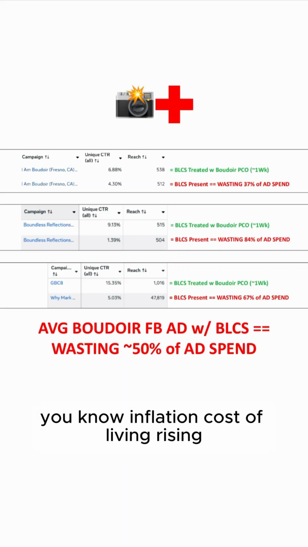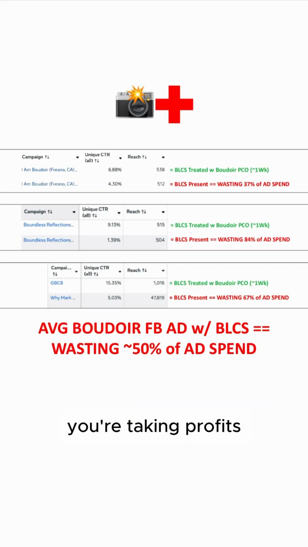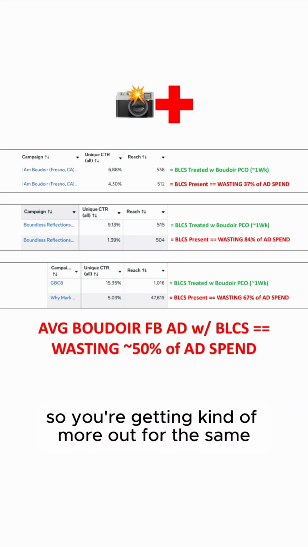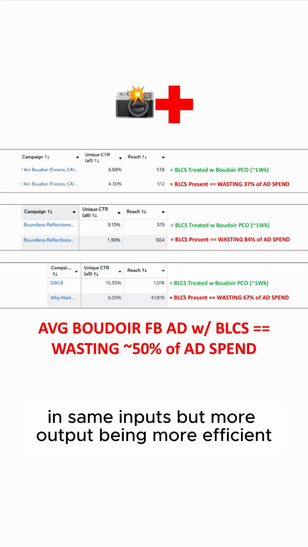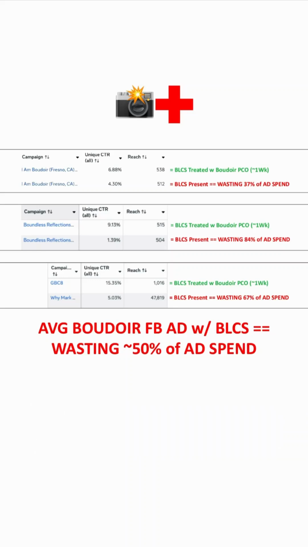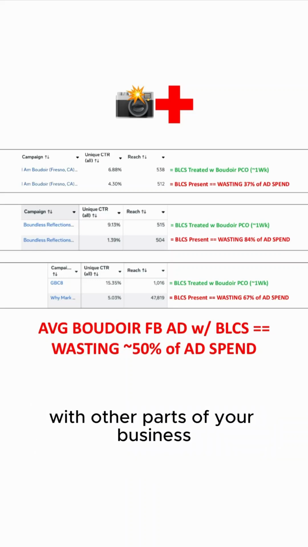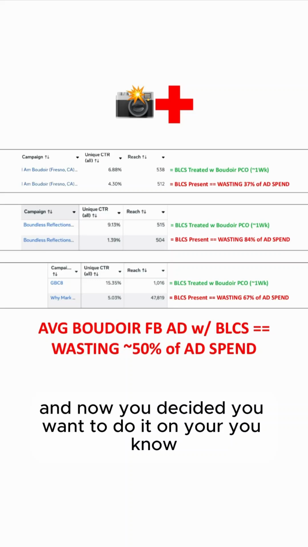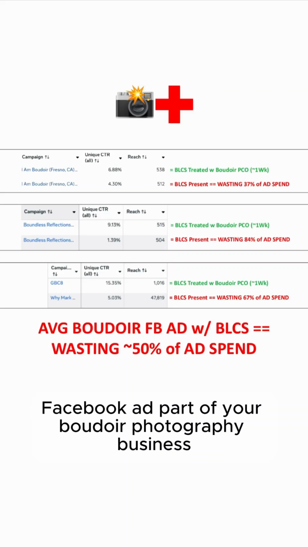You've also been seeing inflation, cost of living rising. So you've already decided you're taking profits and optimizing the other parts of your business, getting more output for the same inputs, being more efficient. You've already done that with other parts of your business, optimizing for the dollars on those parts. And now you've decided you want to do it on the Facebook ad part of your boudoir photography business.